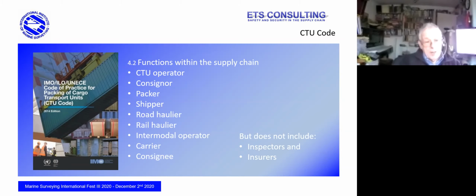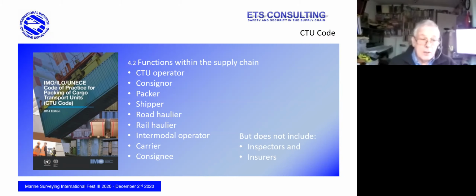It could be a road haulage base where a trailer is brought in by one operator and then put onto another and transferred that way. A carrier is normally considered to be the shipping line carrying it overseas, either locally or internationally. And the consignee, obviously the buyer, the recipient of the cargo.